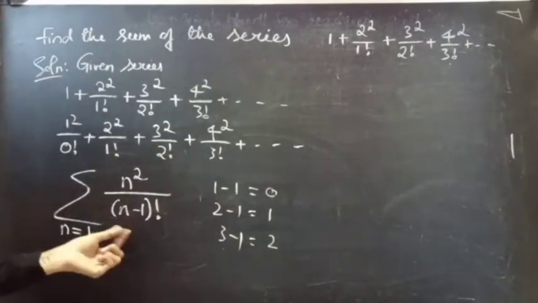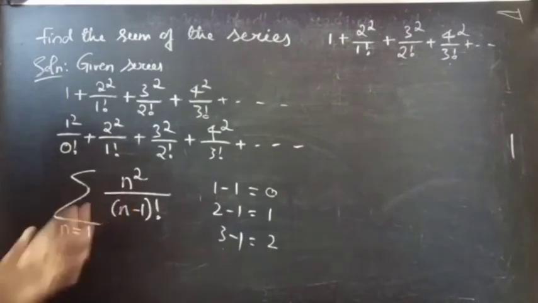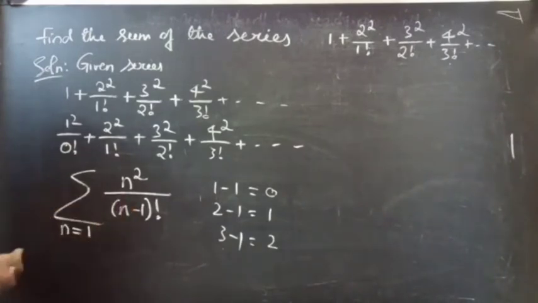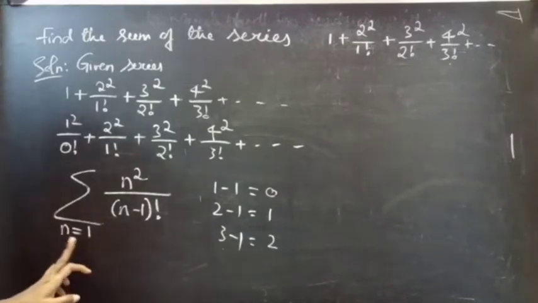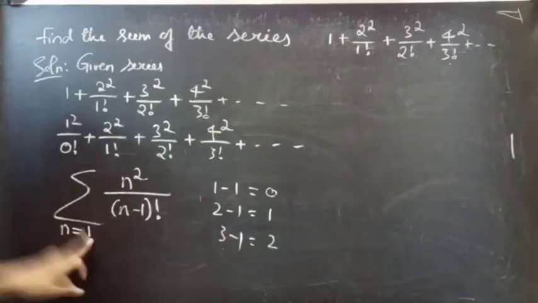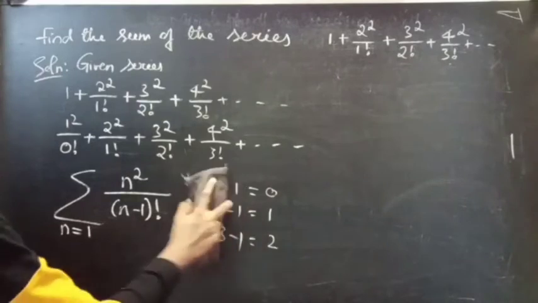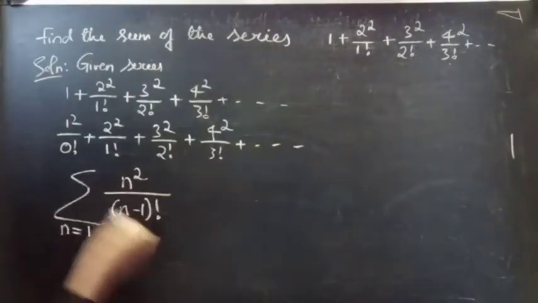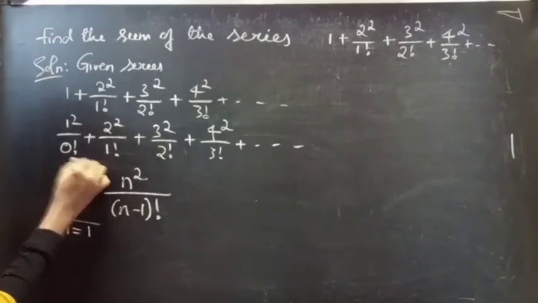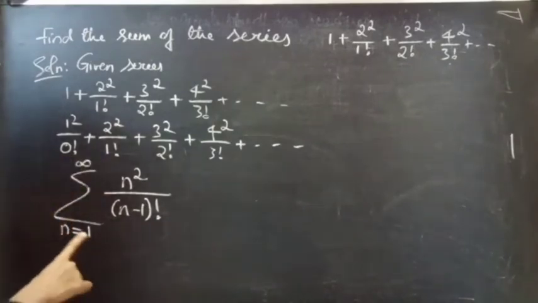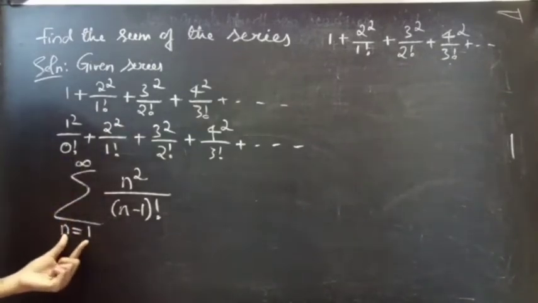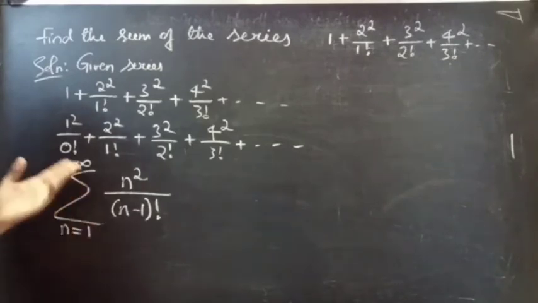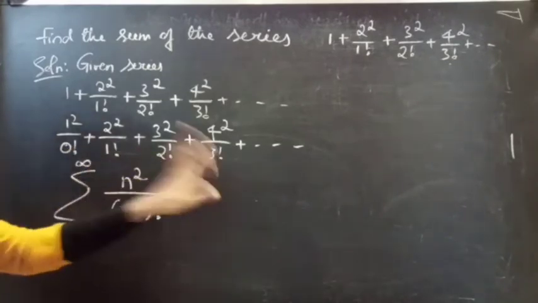If we take n equals 0, you'll get minus 1. In order to avoid complexity in the problem, we'll just take from n equals 1. And it goes on, so we'll take infinity. So if we substitute from n equals 1 to infinity, we'll get these terms.